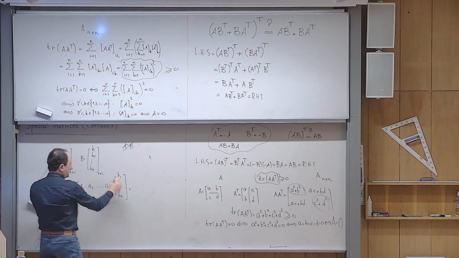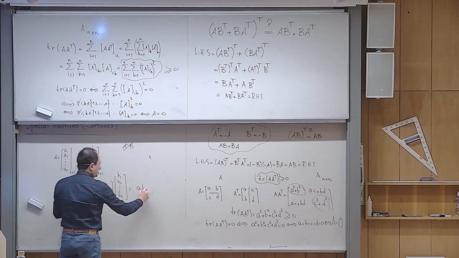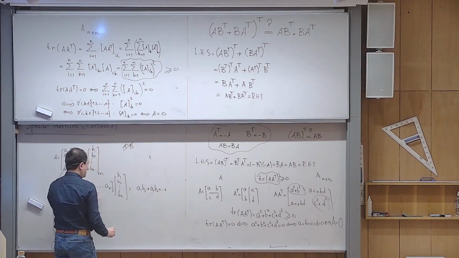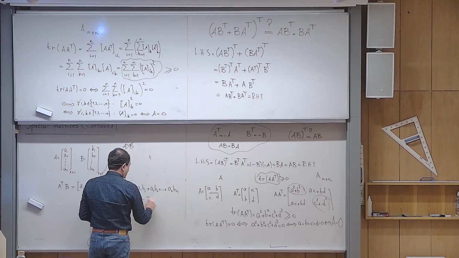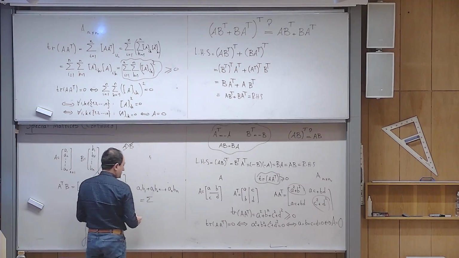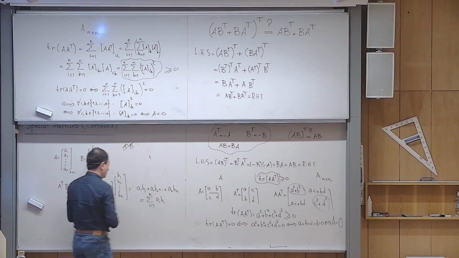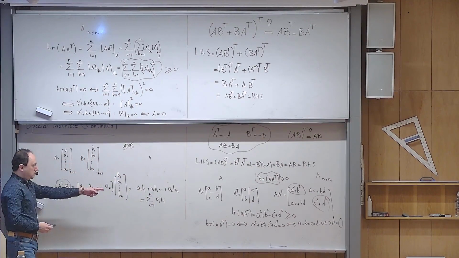Then A1 will be multiplied by B1 plus A2 will be multiplied by B2, and then it will continue until I have AnBn. Of course, I have written this as a sigma. So this becomes the sigma of AiBi, i goes from 1 to n. So if you calculate this combination, you get a number.